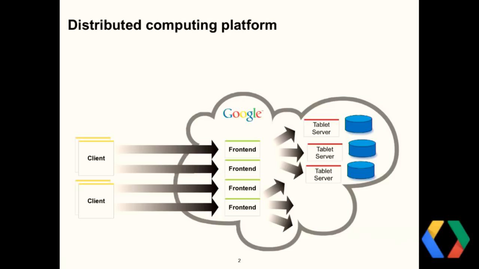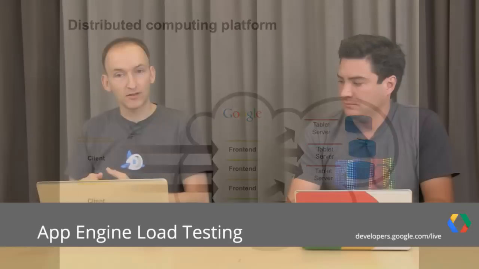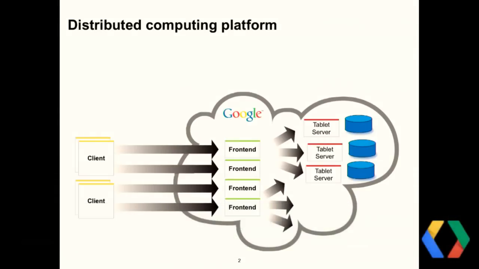So if you look here from left to right, you have the clients that are producing traffic, so web browsers, mobile phones, and they're sending requests into App Engine. And the first thing they do is they hit the front-end servers. These are the servers that take care of opening up the HTTP communication with the client, serving the responses, and then they direct the traffic down deeper into the depths of the Google App Engine network and onto other servers.